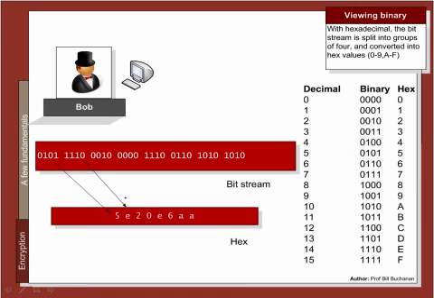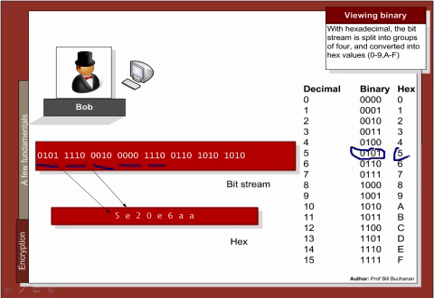Hex is a convenient way for viewing binary. In hex, we take 4 bits at a time and we convert that into a hex character. So in this case, 1001, we look up the binary table and we find it here.